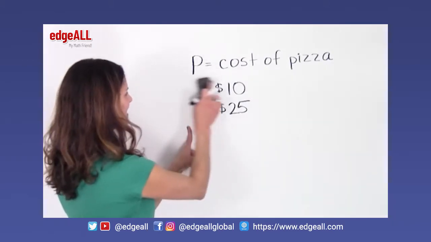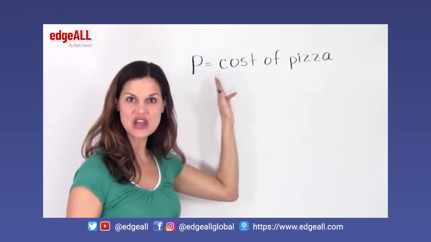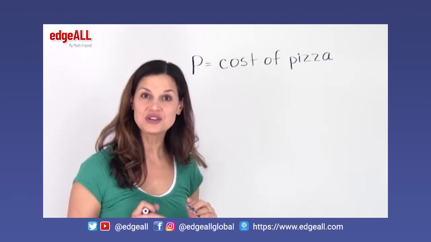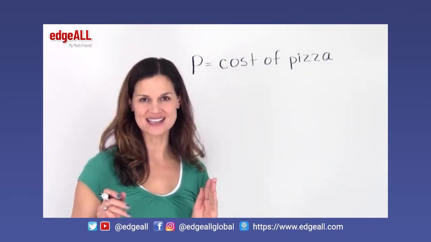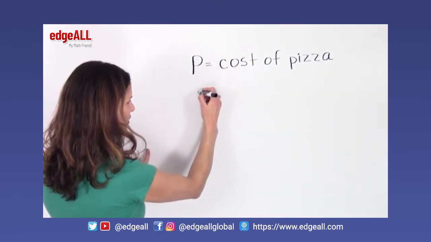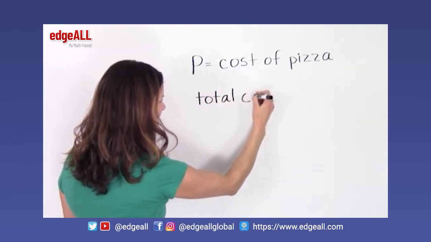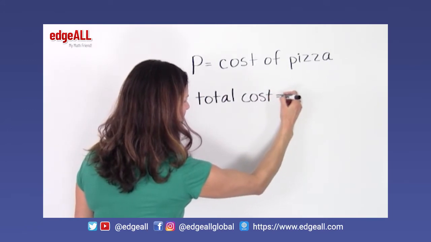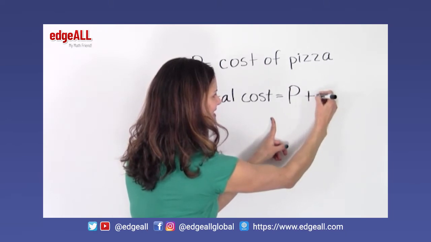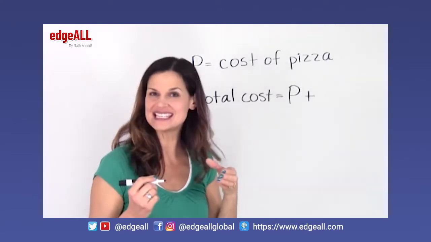So now let's look at what would happen with a problem where we still have P equaling the cost of the pizza, but now we want to know how to write down the total cost of our meal. And so the total cost is going to equal the cost of the pizza plus, if you remember our drink, we said we already knew it has a set cost.